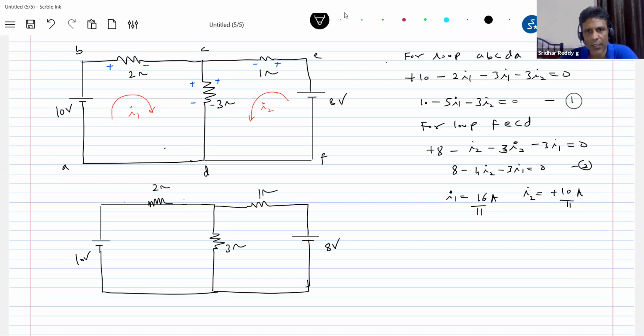How much current according to this? I1, 16 by 11 ampere. How much current here? 10 by 11 ampere. How much of total current? I1 plus I2, 26 by 11 ampere will flow because there is a common branch, no? Where both the loop currents you have to add up here. So again, the polarity will be like this. Plus, minus, plus, minus.